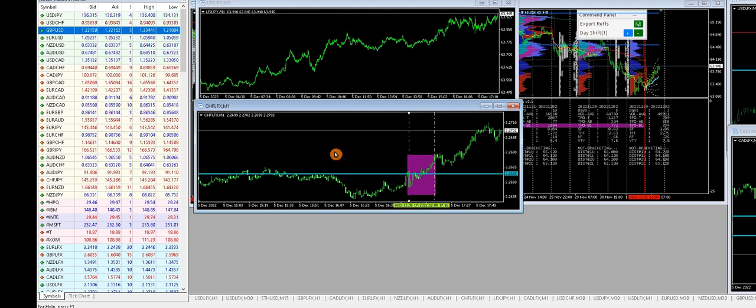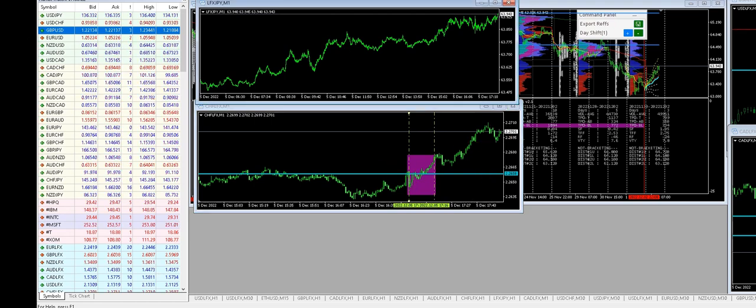Swiss still has to come back and balance here, so that gives us enough room for dollar Swiss to continue, if it wants to do that.